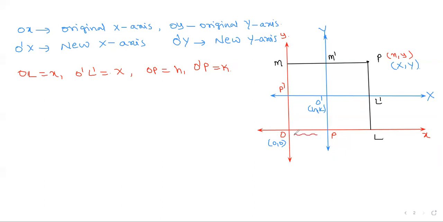This distance is h, and this distance is k. Here PL is equal to small y, and PL dash is equal to capital Y. So OL can be written as OP plus PL.